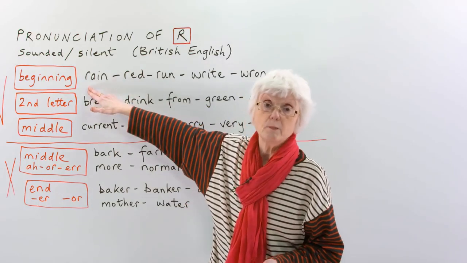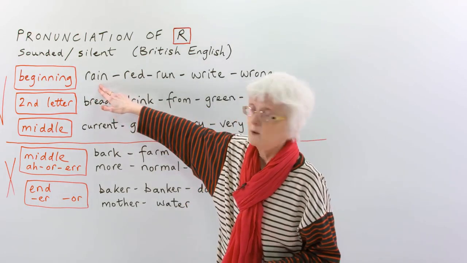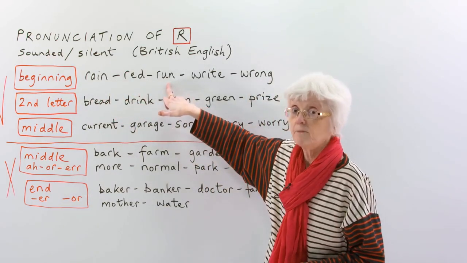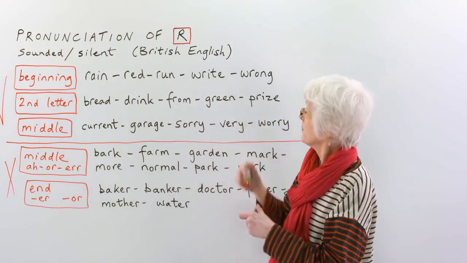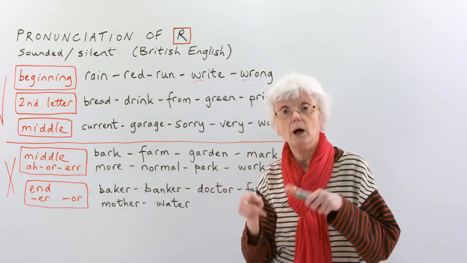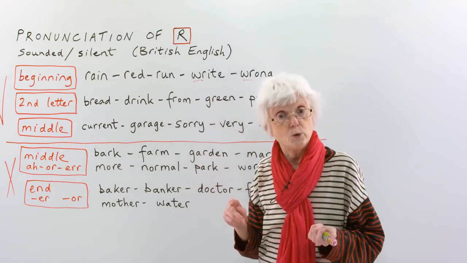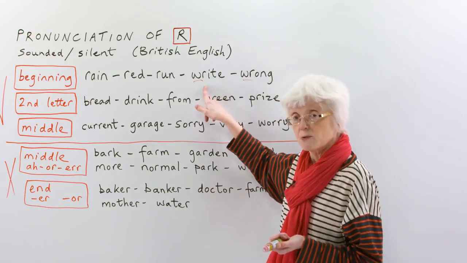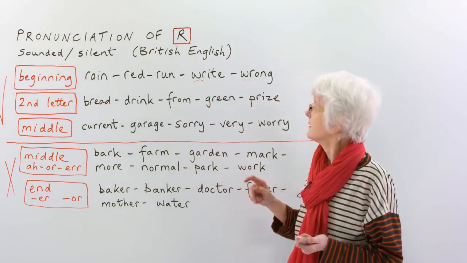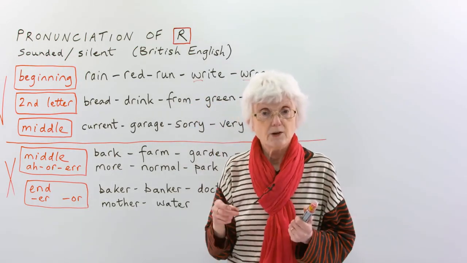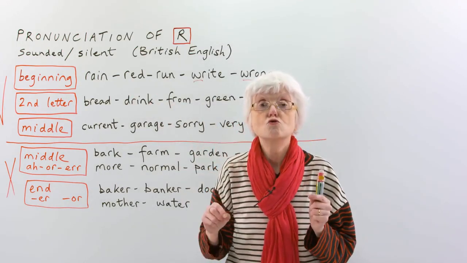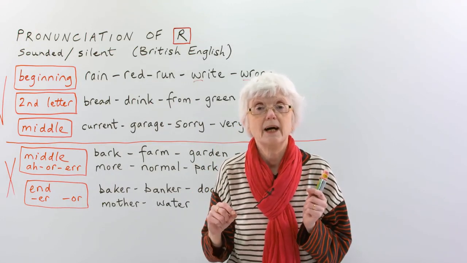So right at the beginning of a word, a word like rain, red, run, and also you probably know that sometimes there's a word beginning WR, where you don't make the W sound, you just make the R sound. So it's right, wrong, like that. To make the R sound at the beginning of a word, you have to push your mouth forward, r, like that.